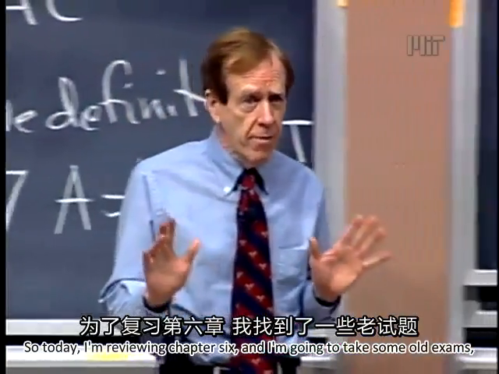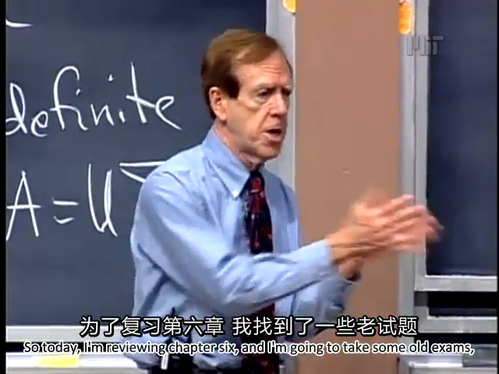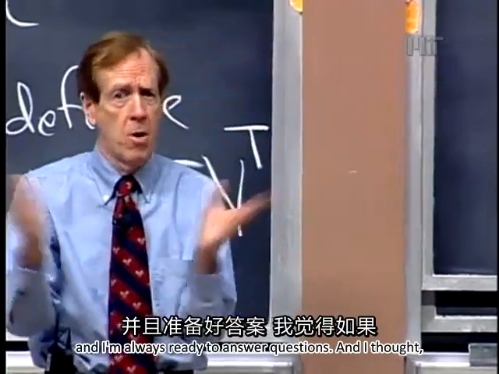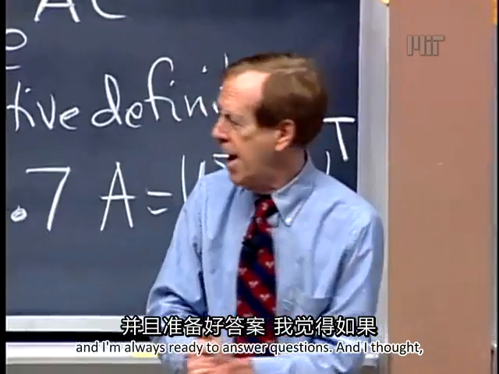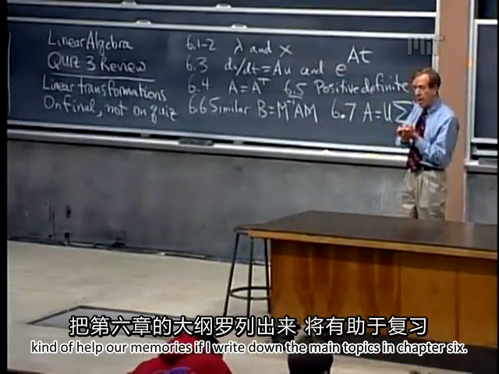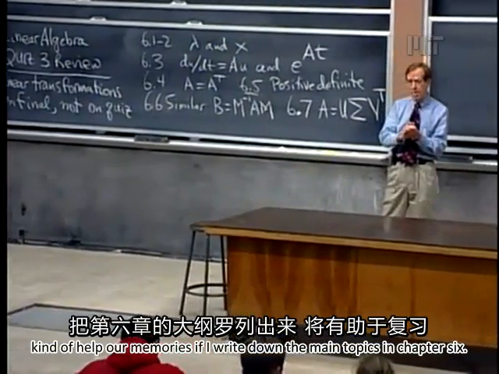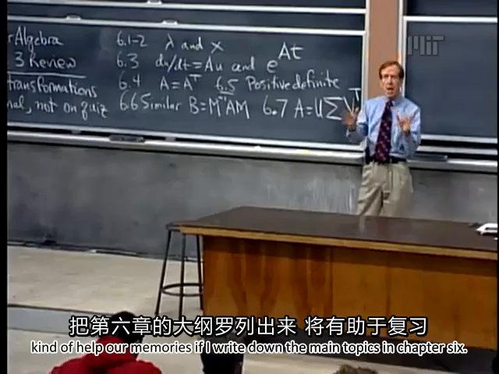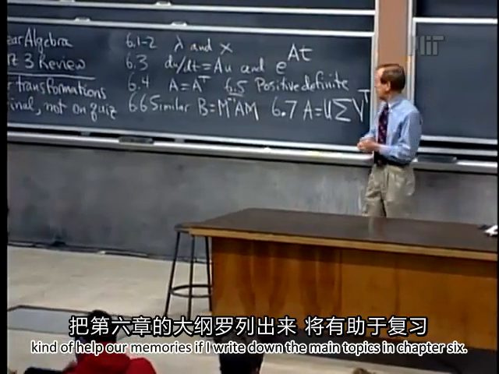So today I'm reviewing Chapter 6, and I'm going to take some old exams, and I'm always ready to answer questions. And I thought it kind of helps our memories if I write down the main topics in Chapter 6.